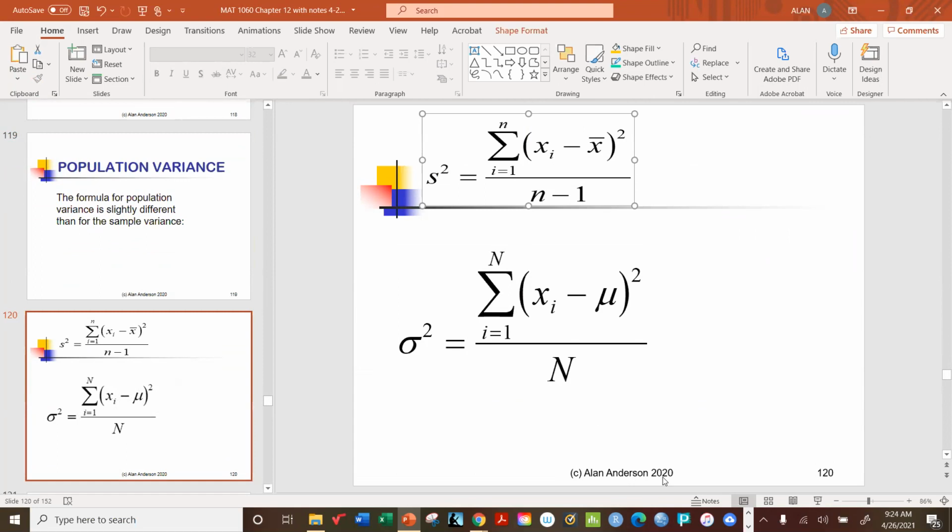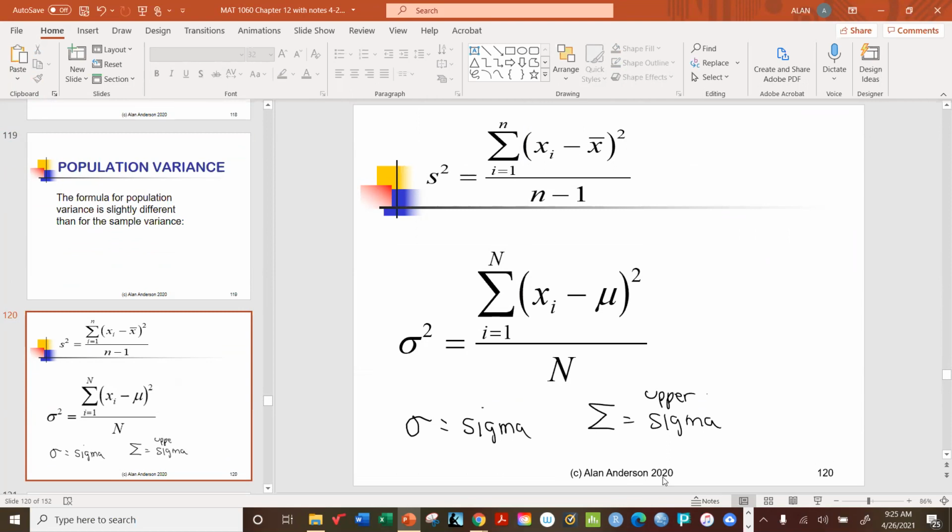So first of all, we're introducing a new Greek letter here. Now, this is interesting. This is the Greek letter sigma. Now, isn't it true, though, that this is also sigma? Yes, it is. So what happened here? Well, this is the upper case, and this is the lower case.